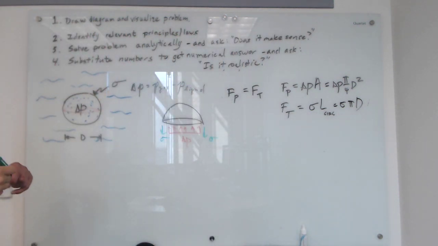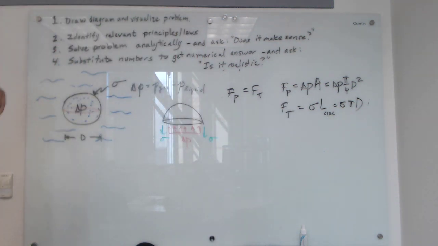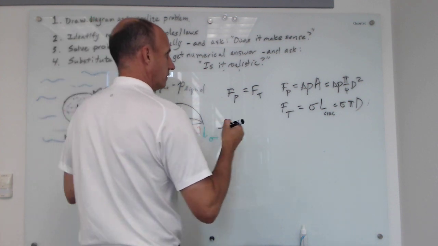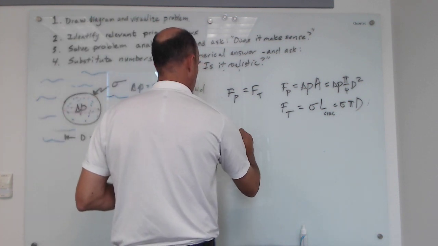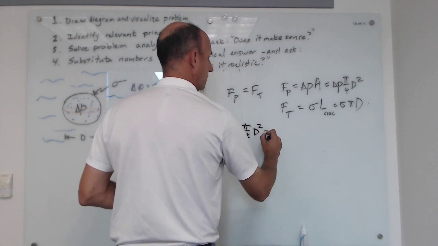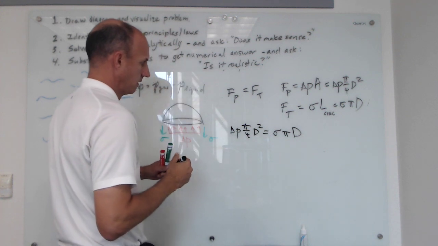So now I can substitute these expressions in. I'm moving on to solve the problem analytically. And when we do that, we can write that delta P times pi over 4 d squared must be equal to sigma times pi times d.